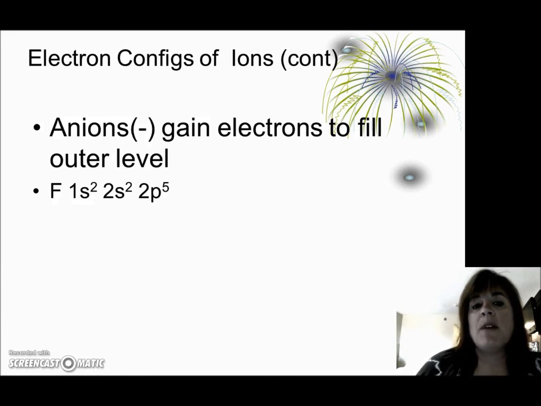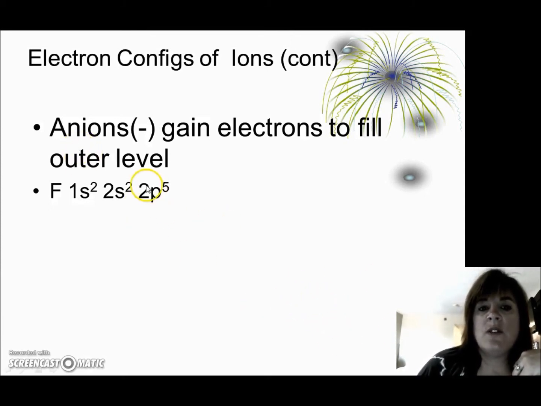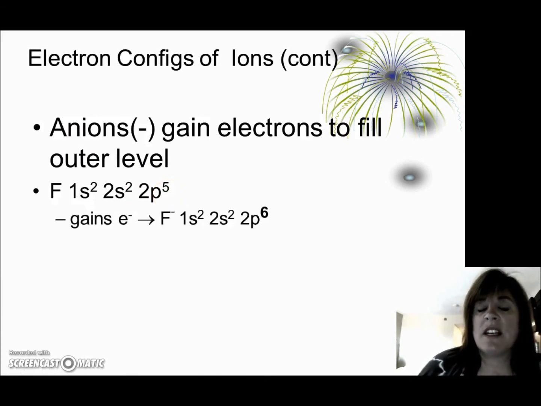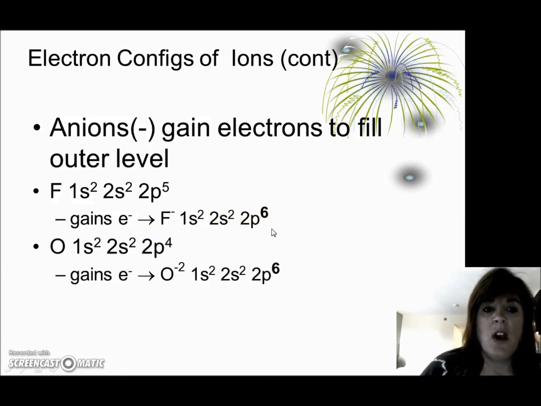So it's going to fill electrons into this 2p5 till it's full. The reason why fluorine is -1 is because it's going to gain 1 electron, and when it does that, it fills up this 2p orbital, and it becomes 2p6. So my electron configuration for fluorine -1 is 1s2, 2s2, 2p6.